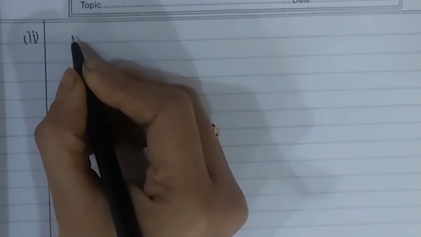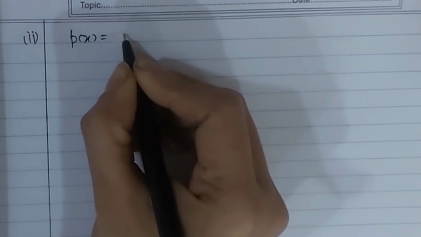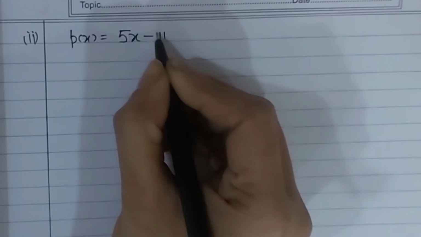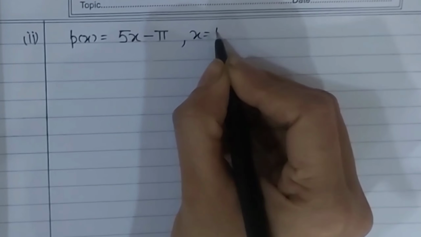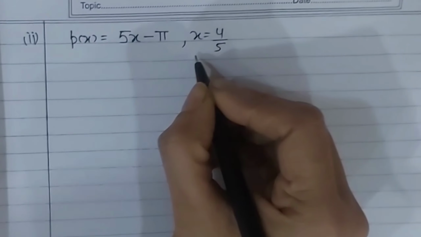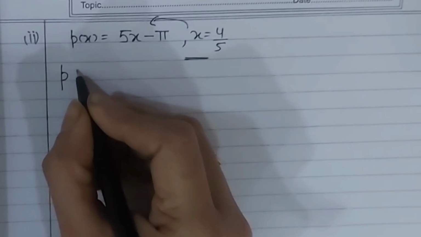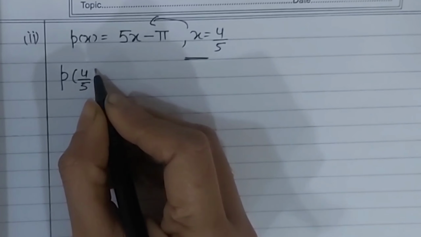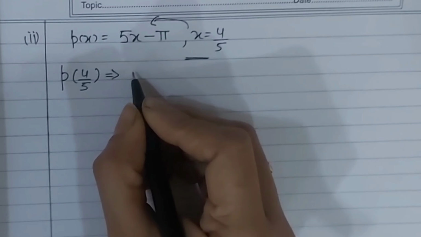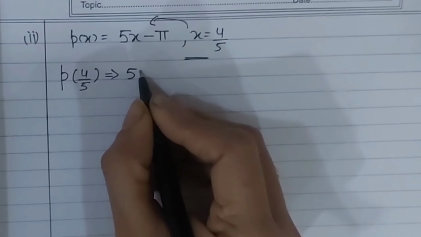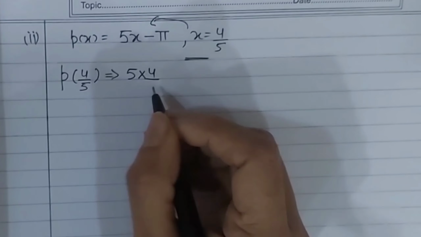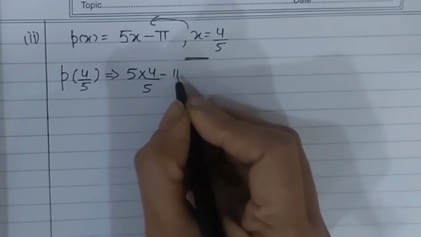Now our second part is p(x) is equal to 5x minus pi and x is 4 by 5. We have to check whether x equal to 4 by 5 is a zero of this polynomial or not. So we'll find the value of this polynomial first of all. We'll put the value of x here, 5 times 4 by 5 minus pi.